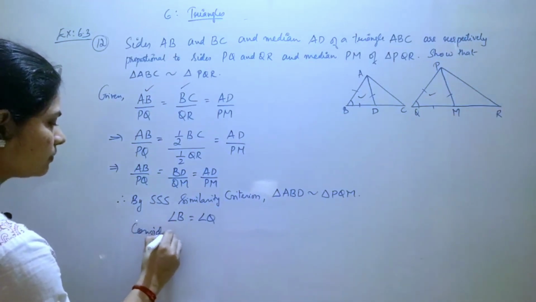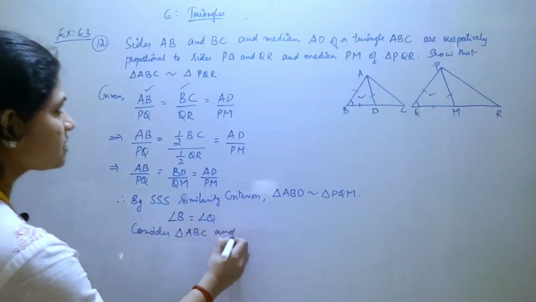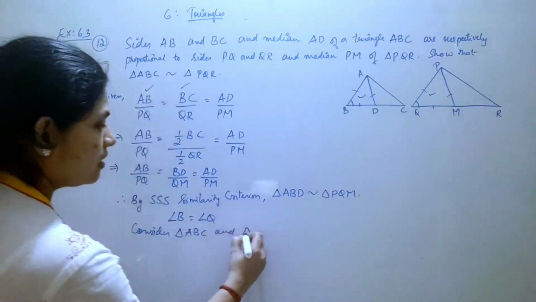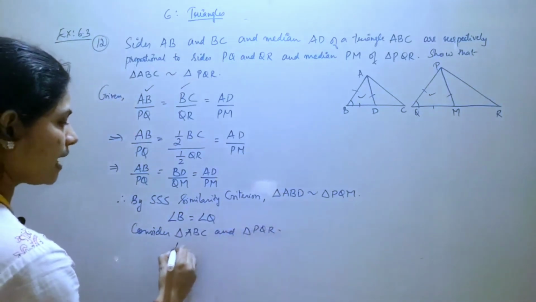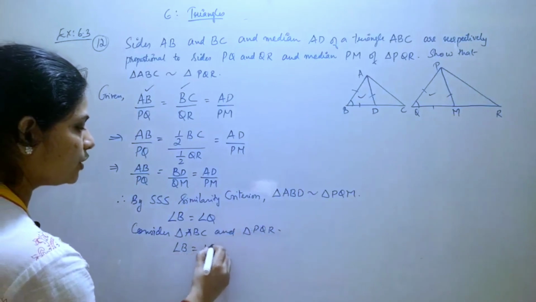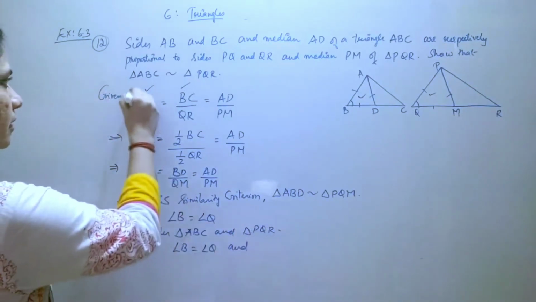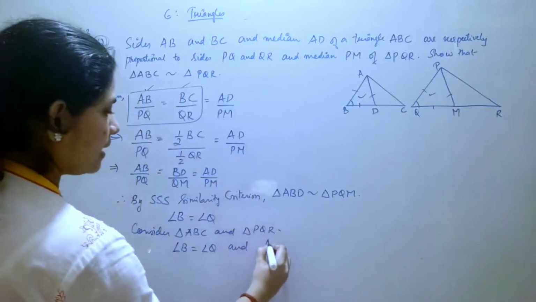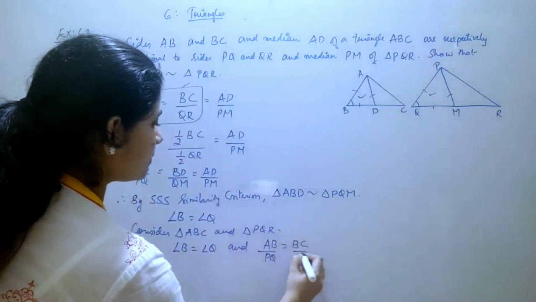Consider triangle ABC and triangle PQR. Here you have one thing as angle B equal to angle Q, and the other thing we can take this one, that is AB by PQ is equal to BC by QR.